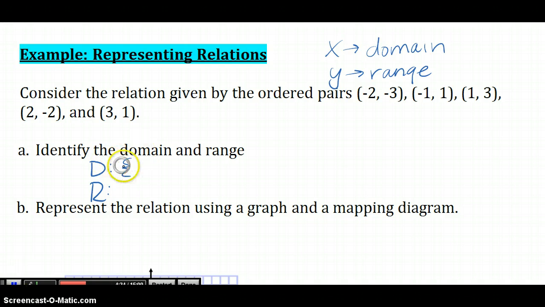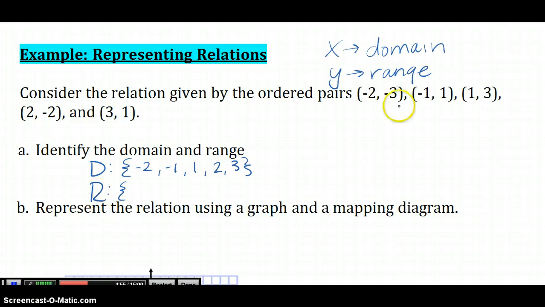First, the domain. The domain, again, are the x values, so you just list your x values. We have -2, -1, 1, 2, and 3. That was easy because they were already in numerical order.